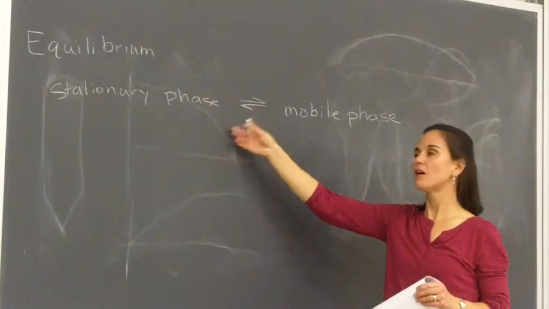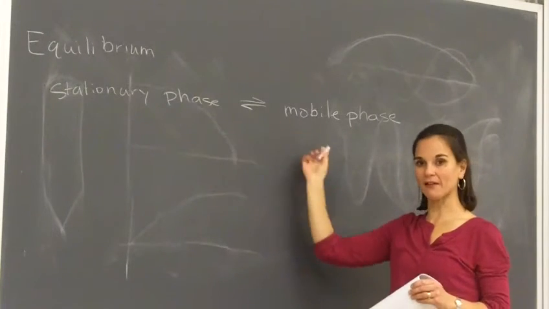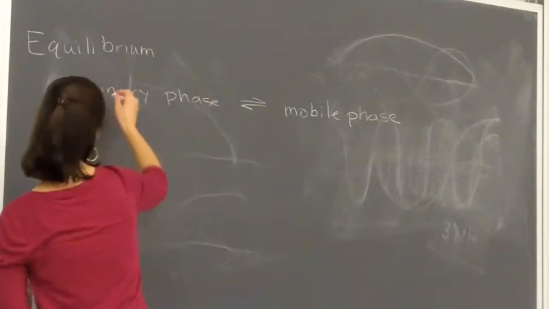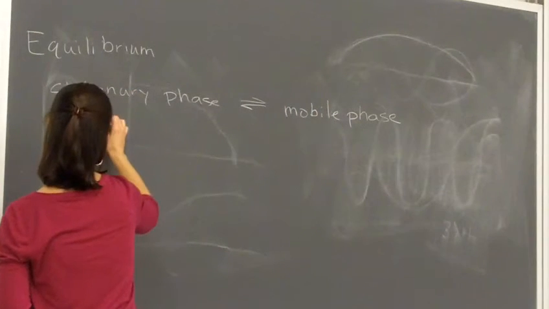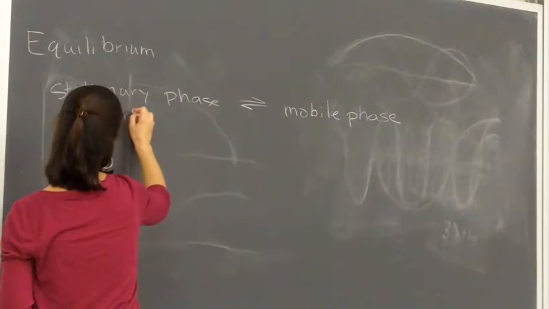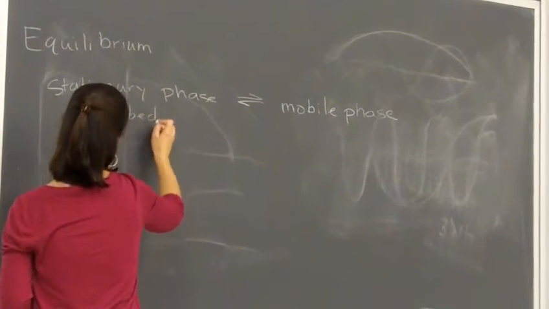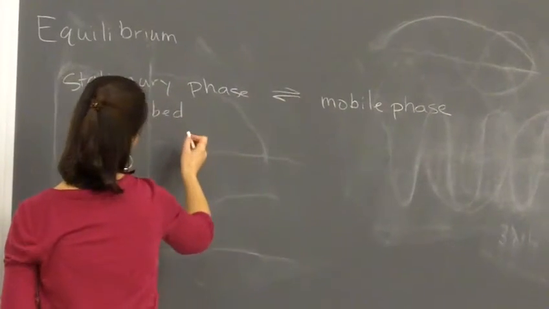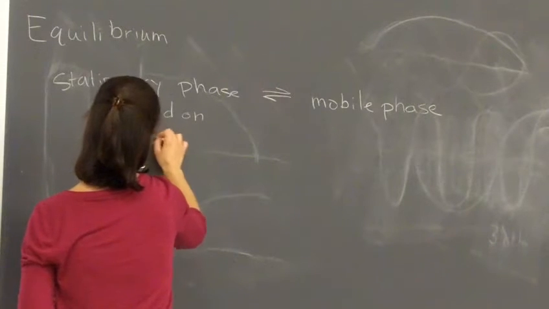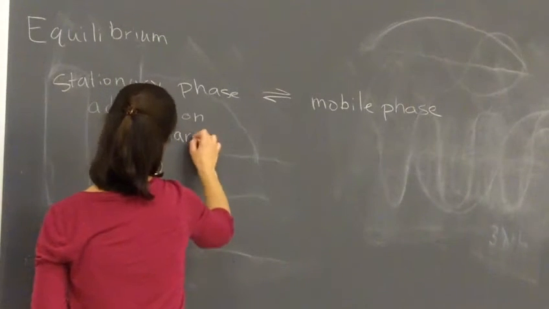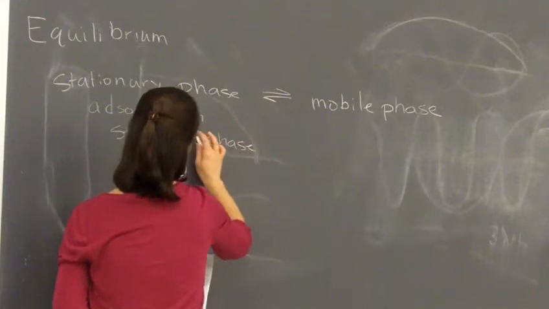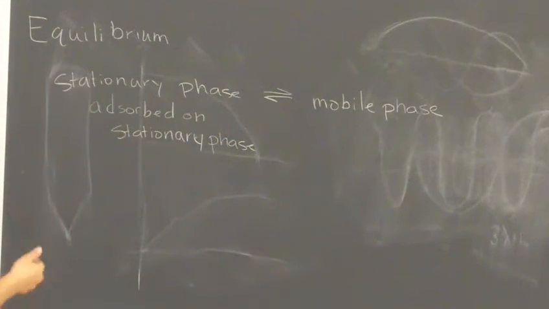So you've got this equilibrium going back and forth, all right? And when we talk about the stationary phase, the compound that we're looking at is adsorbed, so not absorbed, but adsorbed on the stationary phase. So it goes back and forth between being adsorbed in the stationary phase or moving with the mobile phase.